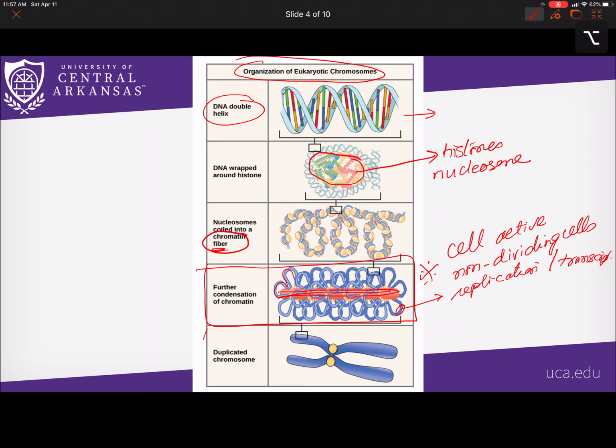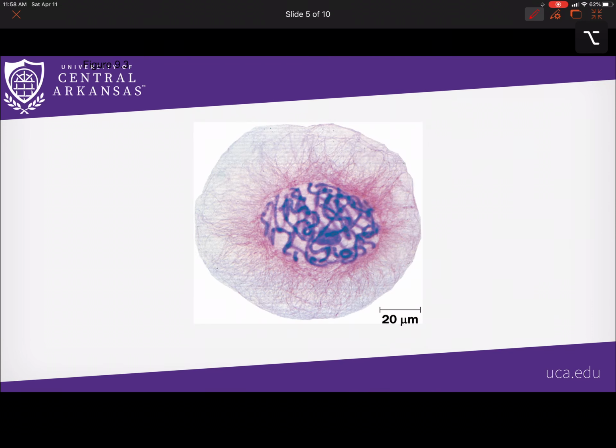Now, only when the cell is about to divide, the chromatin condenses to form the chromosome. This is the condensed form of chromosomes. You don't see this until the cell is about to divide. Again, this is a picture of a cell which is ready to undergo cell division.